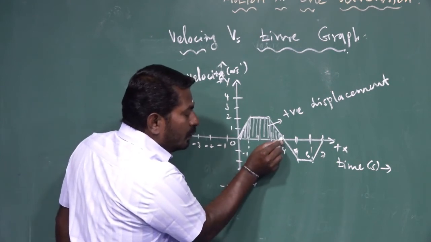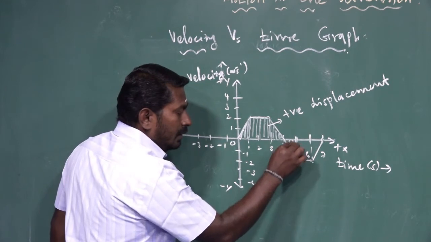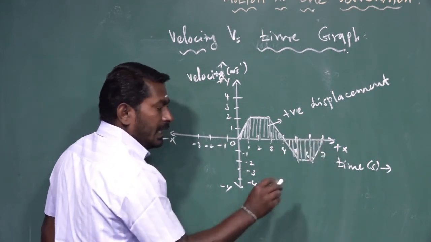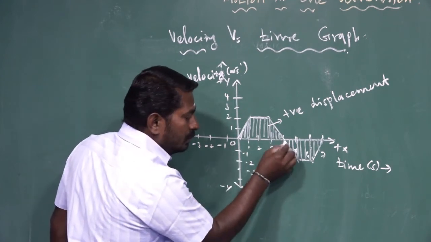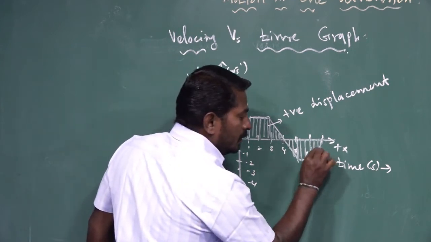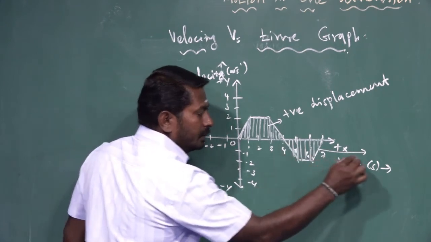From the 4th second to the 7th second, the area under this curve gives the displacement of your body by measuring the area under this curve.